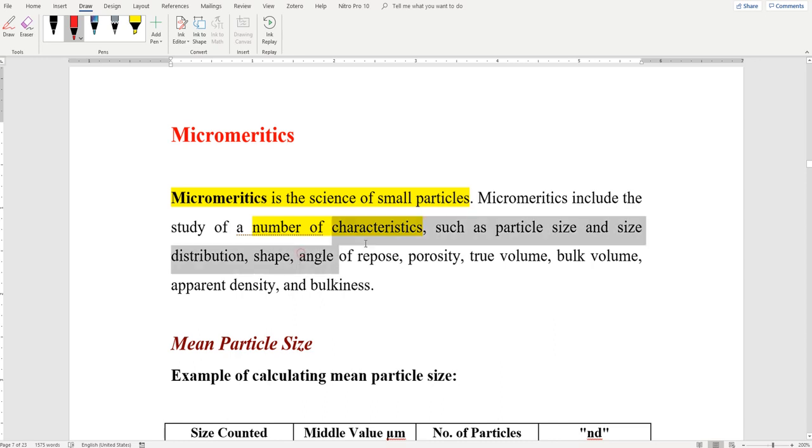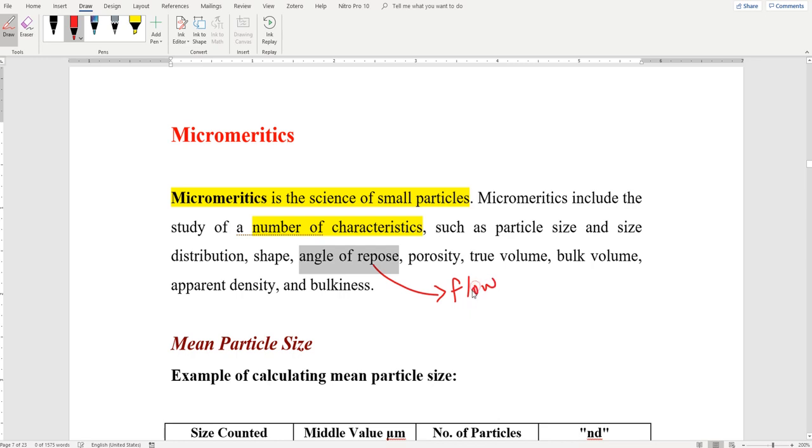The angle of repose, of course, what is angle of repose used for? It is used to describe the flow of the powder or granules. So it's used to describe the flow of the powder. Is it poor? Is it excellent? Porosity means the spaces between powders.